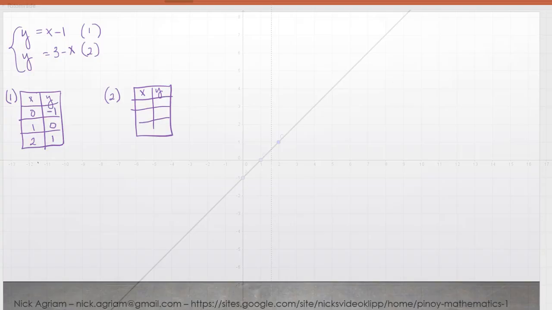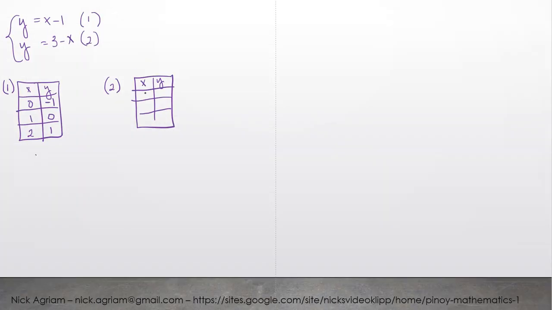And for the next one, when x is 0, then we have 3. When x is 1, we have 2. When x is 2, then we have 1.